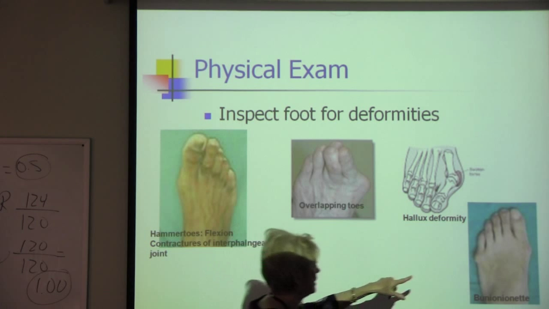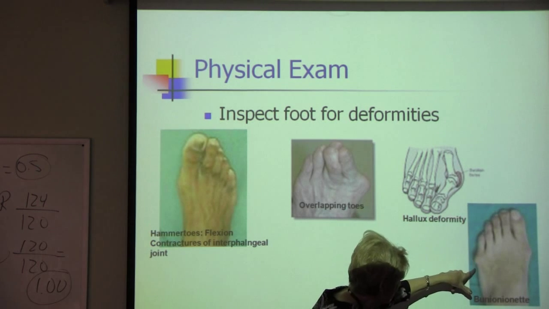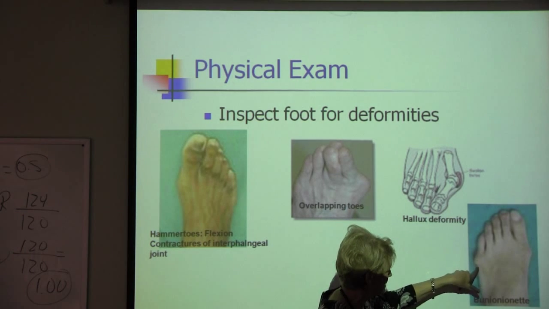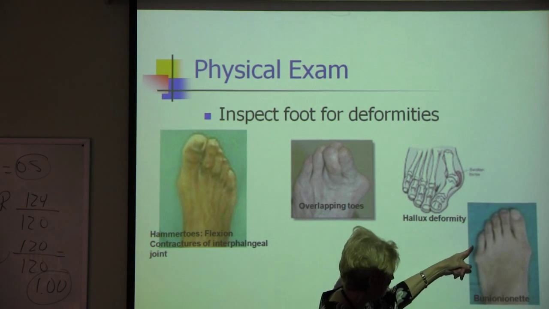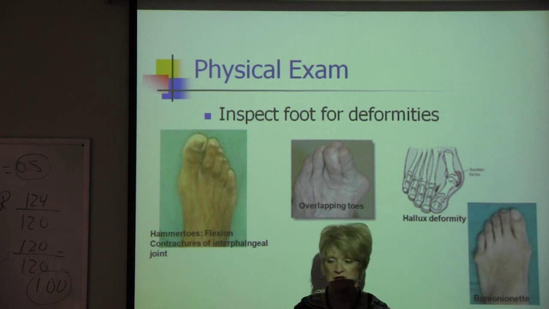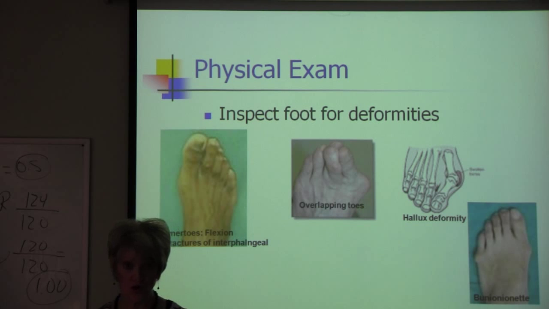You can also get abnormal prominence of the fifth metatarsal phalangeal head, MTP joint, so that the fifth toe deviates from midline and you get a bunionette. So look for deformities. You've already watched me walk. If you have access to the Harris mat, you can have the patient stand on it and see how their weight is distributed.